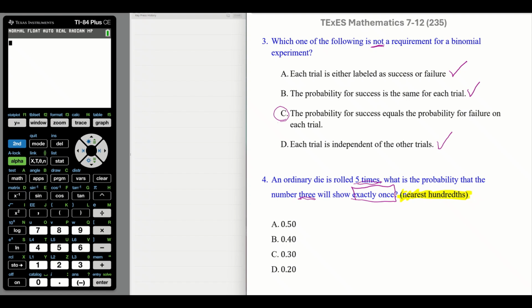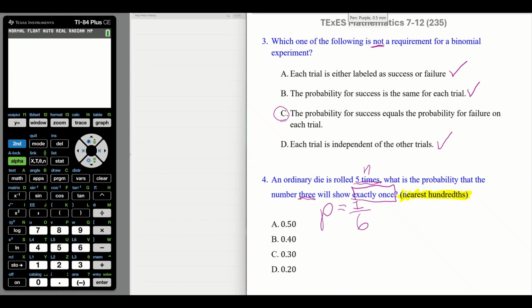Okay, so this screams, because it says exactly once, binomial PDF to me. So this is my N. Now, what's the probability? That's why it says number 3. We were just talking about rolling a 6. That's the same probability of 1 out of 6. And that's my binomial.